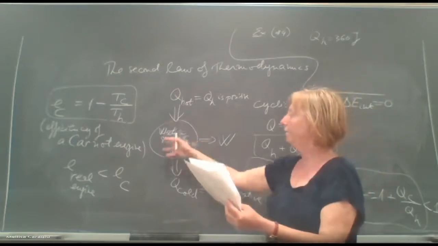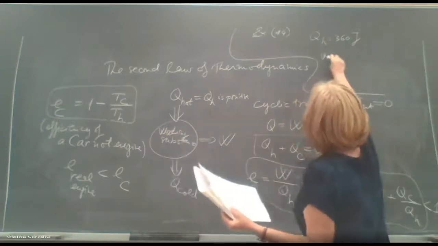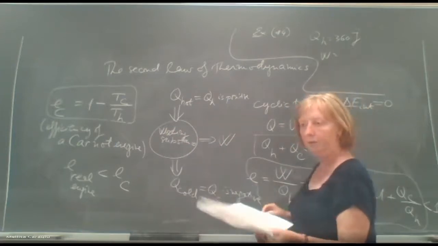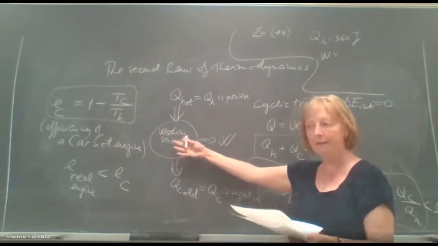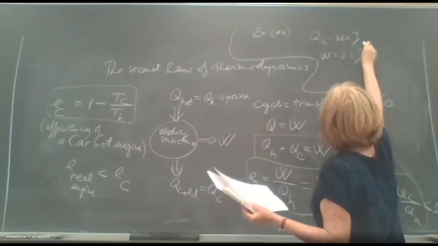Then the working substance performs 25 joules of work. And we remember the sign convention for work. Work done by the system is positive. So this is plus 25 joules.